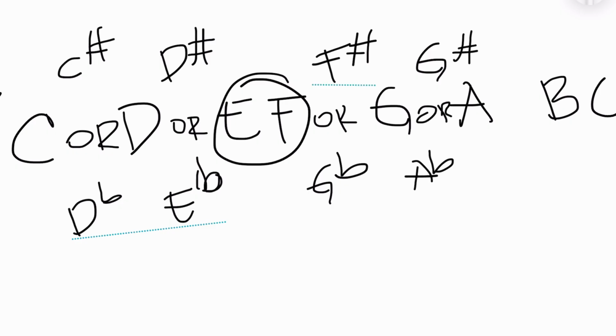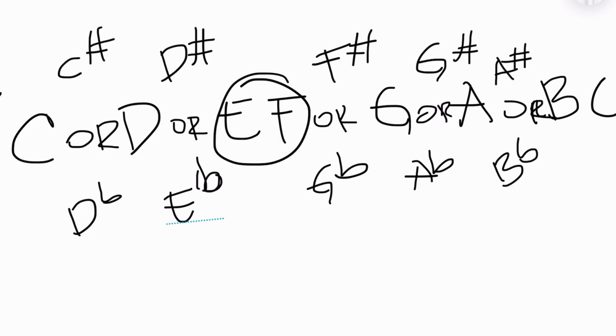Between A and B, we have A sharp or B flat. What happened between B and C? The same thing as E and F. We don't have a sharp or flat, just for now. In the future maybe we're going to learn when to use the sharps or flats between B and C. But for now, we're going to leave it like that. Okay.